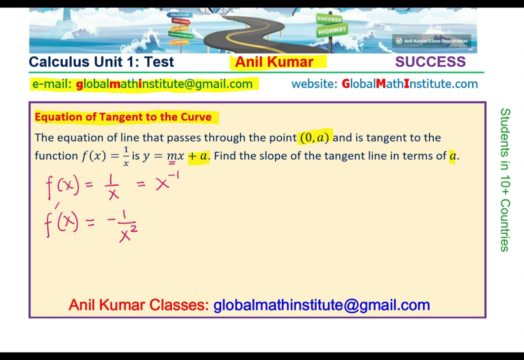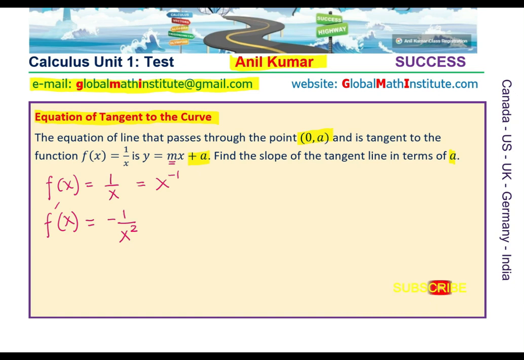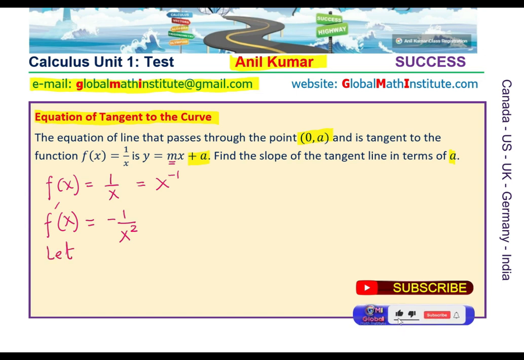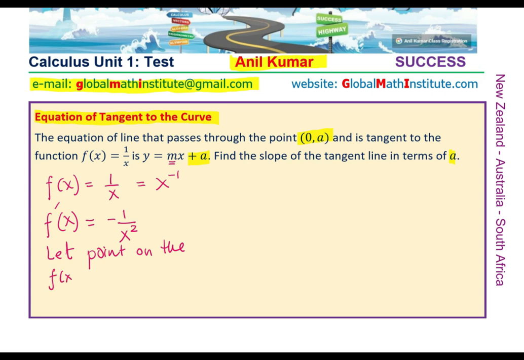Perfect. Now, the key idea here is that we do not know the point on the curve, right? So, what could be that point? This is what we are looking for. So, we'll assume that a point on the curve, you can say f of x, be what? So, we have to give some value.